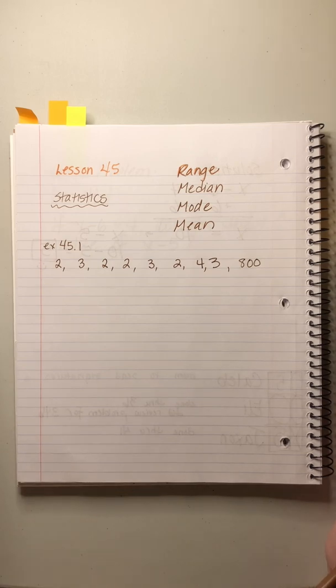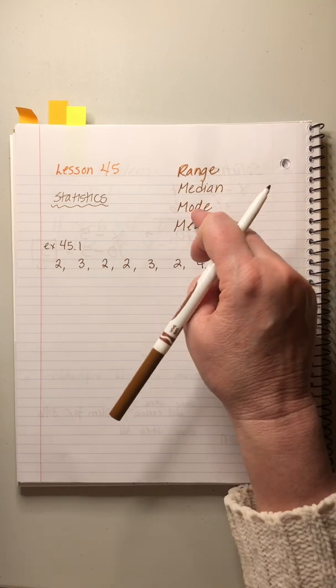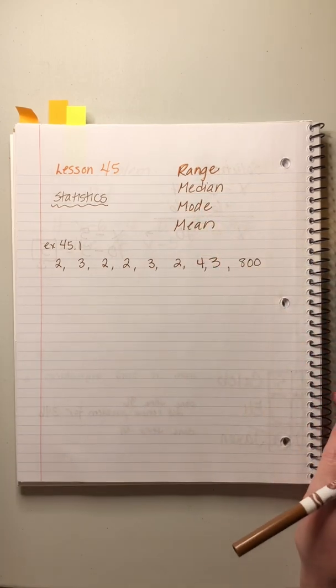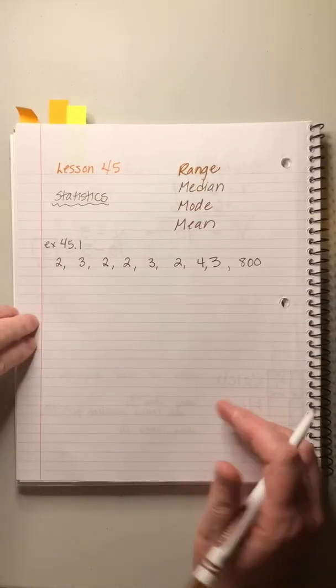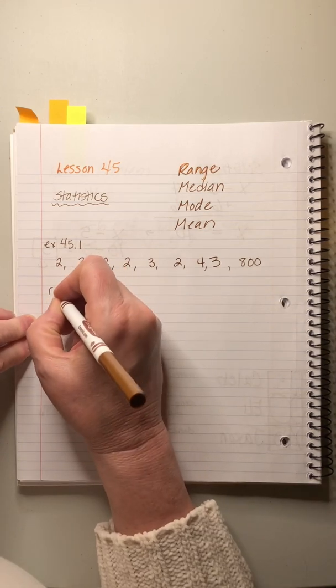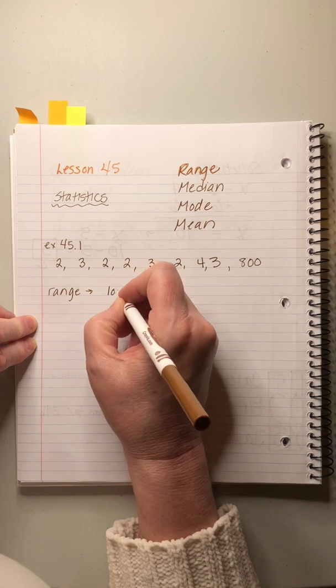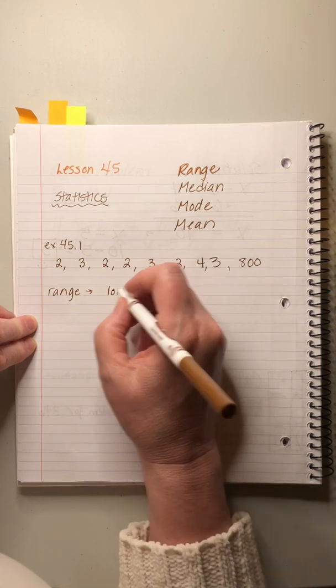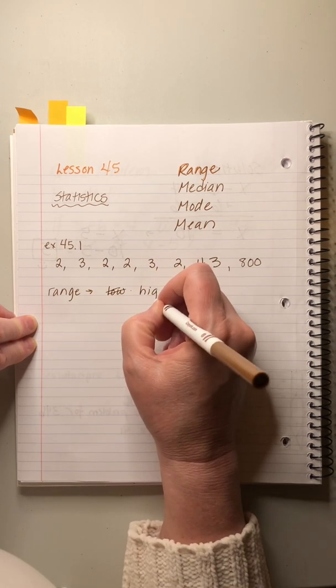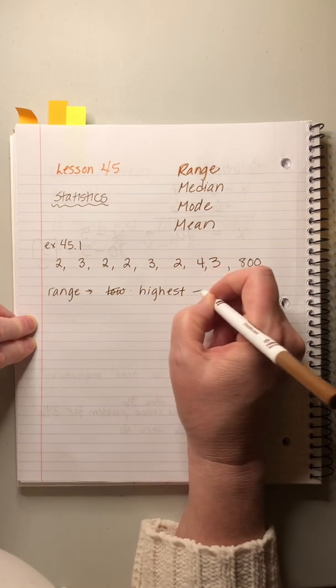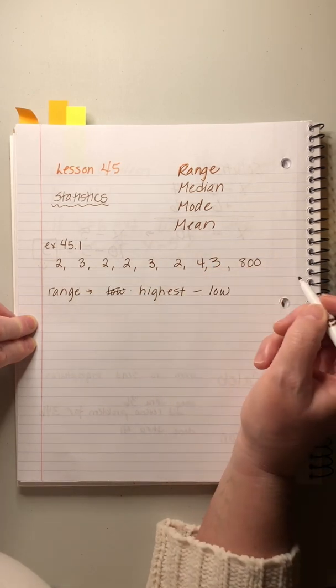Okay, so what we're going to do is we're going to find the range, the median, the mode, and the mean of this shipment of cats. Okay, the range is a measure from the lowest to the highest. You take the highest score and you subtract the lowest score, all right?